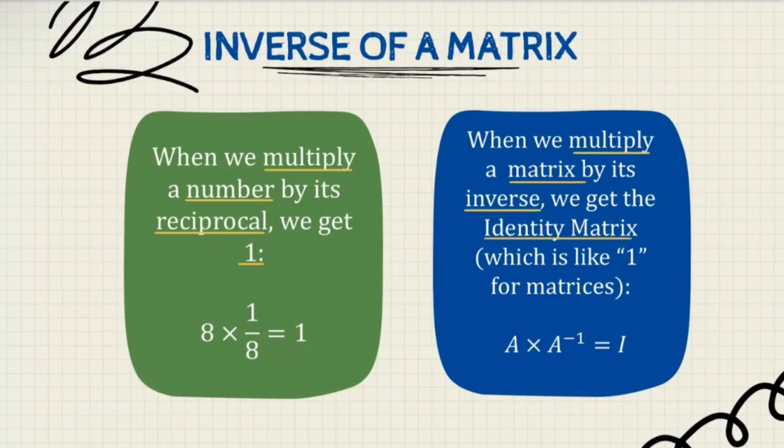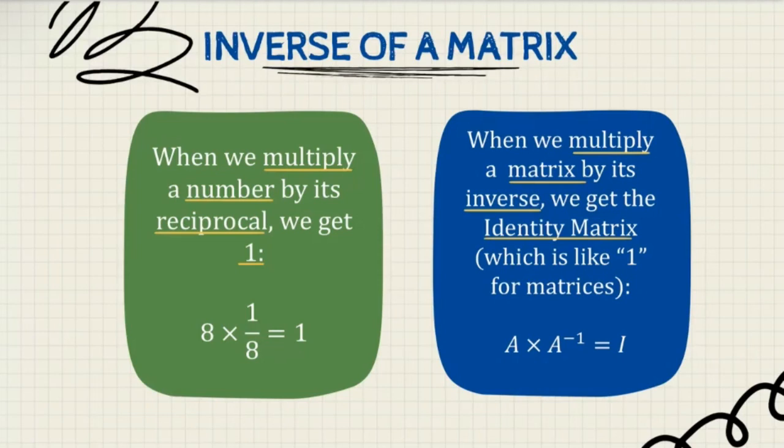So sama juga for a matrix, when we multiply matrix by its inverse, we are going to get an identity matrix. Identity matrix ni dia sama macam 1. Okay, dia macam 1 lah, tapi dalam matrix kita akan panggil dia sebagai identity matrix. Identity matrix tu yang mana satu? Yang leading diagonal dia adalah 1, 1, 1.